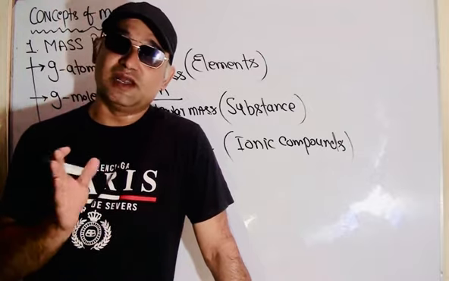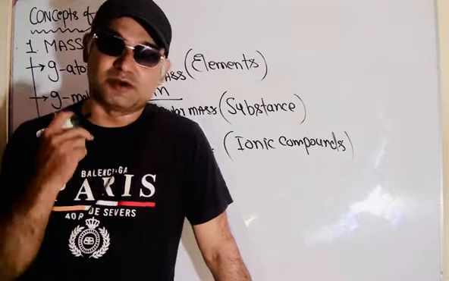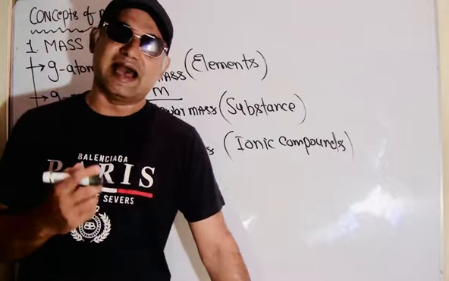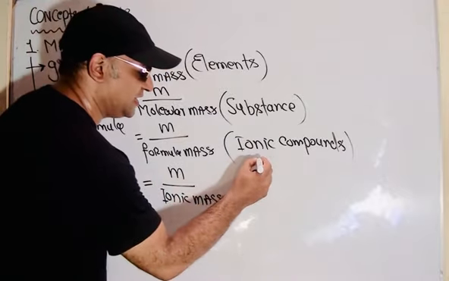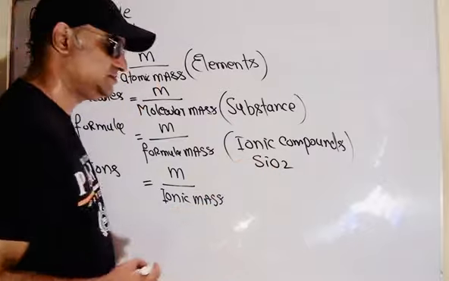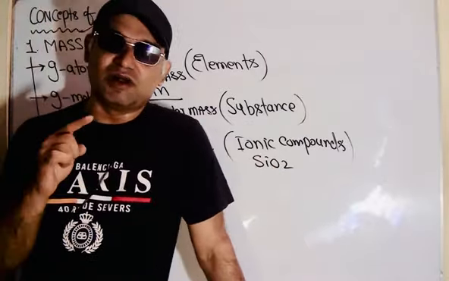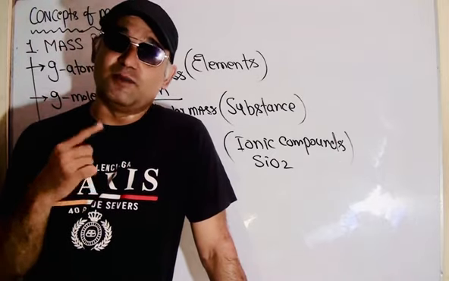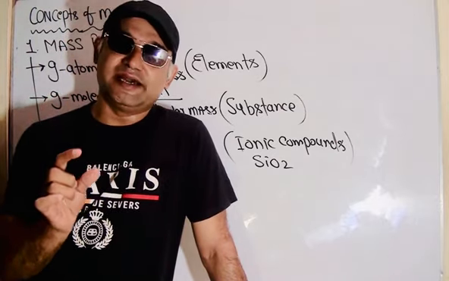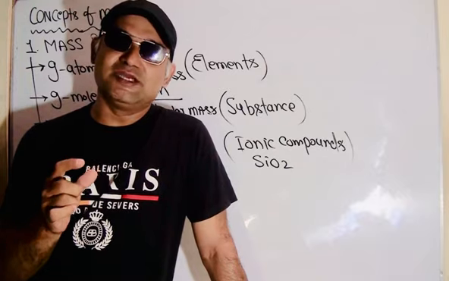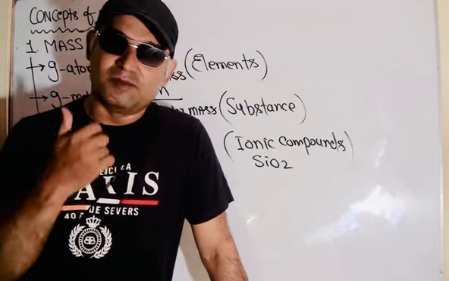So gram formula is also applicable for those compounds. Remember this one, like we have silicon dioxide. In silicon dioxide we also apply the gram formula mole, because silicon dioxide is an inorganic macromolecule which has an empirical formula.